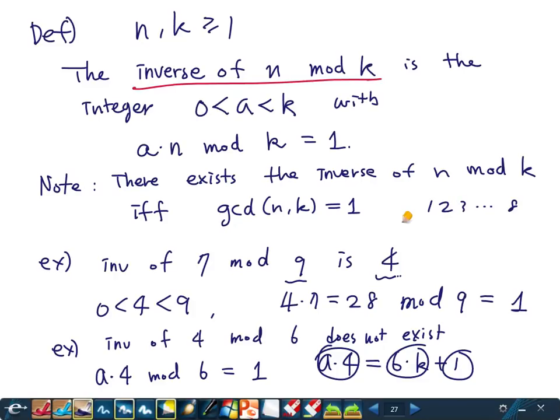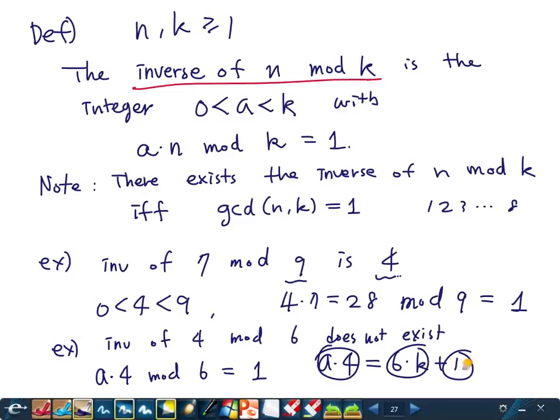In this way, you can find the inverse, but it takes a lot of time. We need a better way to do this. This is okay for small numbers, but when these numbers are large, this kind of approach is very time-consuming.